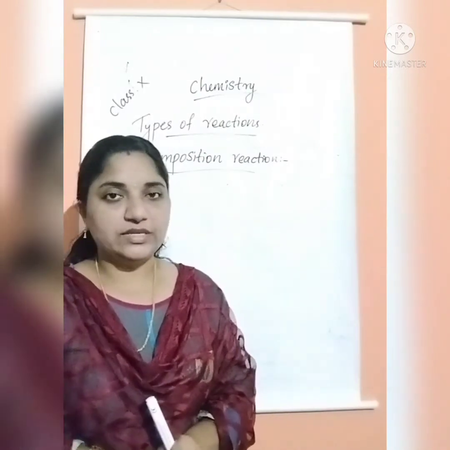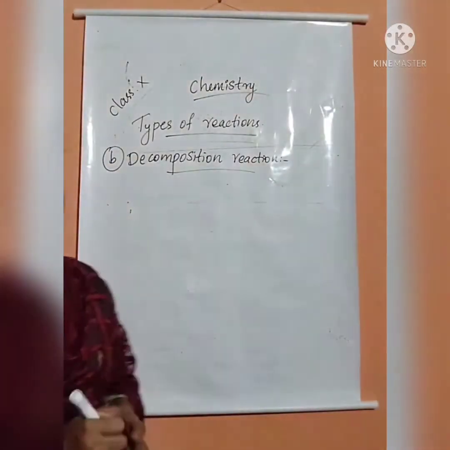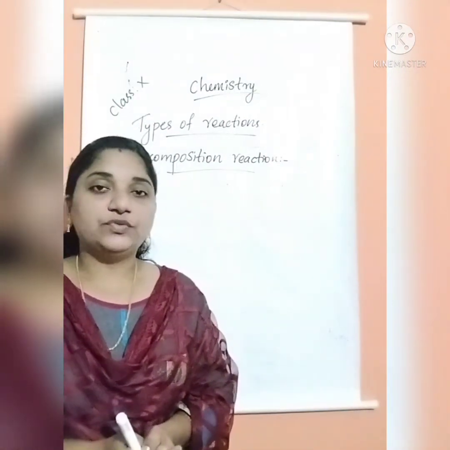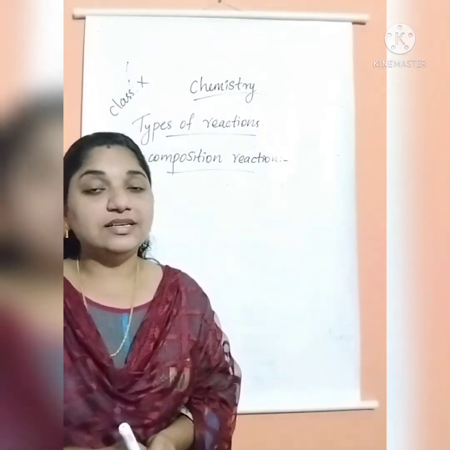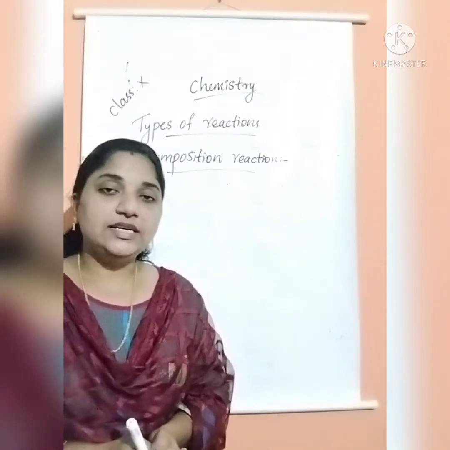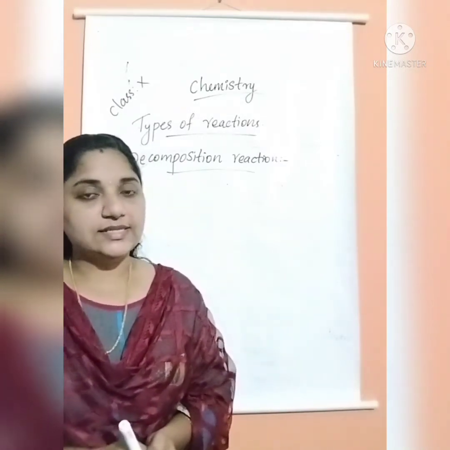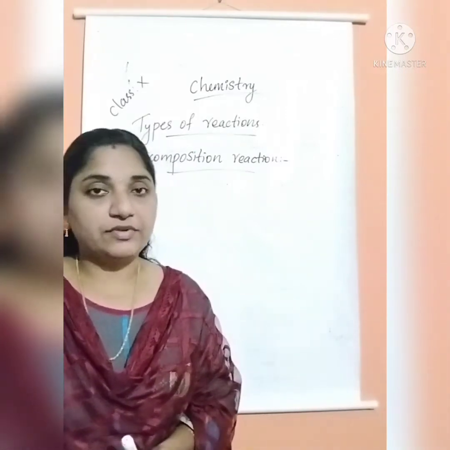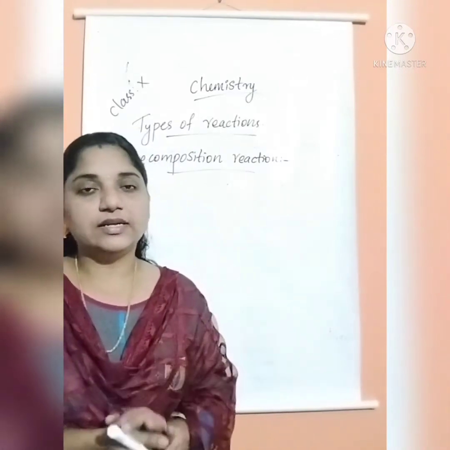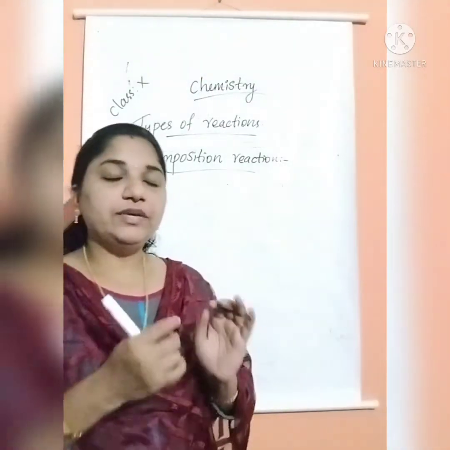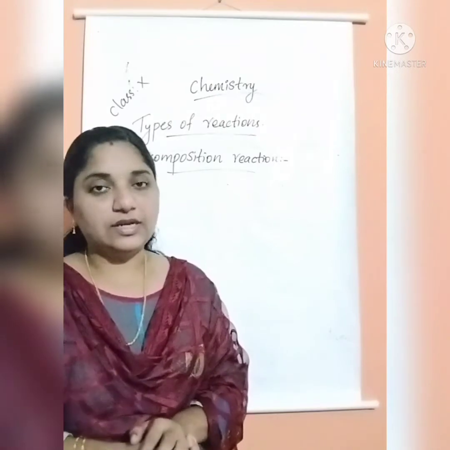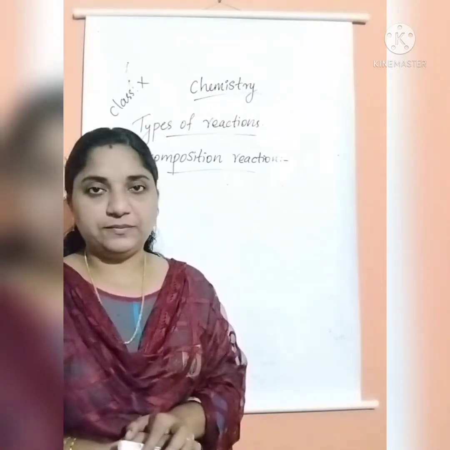We can check some examples. First one, when we heat ferrous sulfate crystals. Ferrous sulfate crystals are green in color. When we heat ferrous sulfate crystals, they lose water. They have some water content. It loses water and turns white.